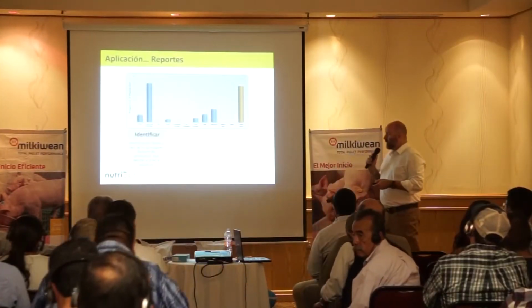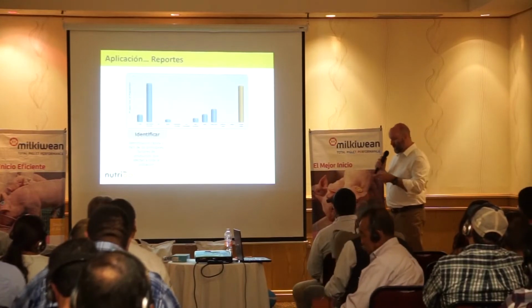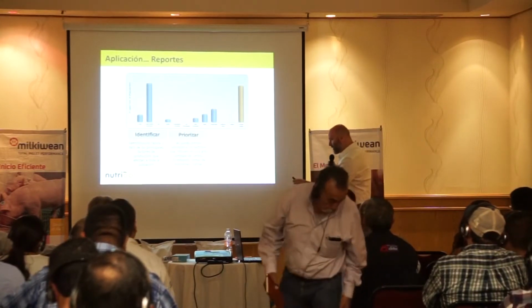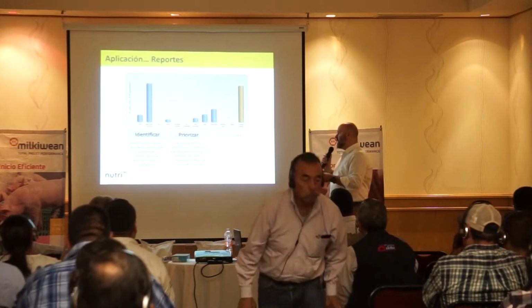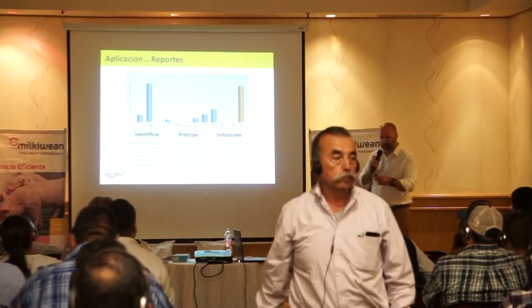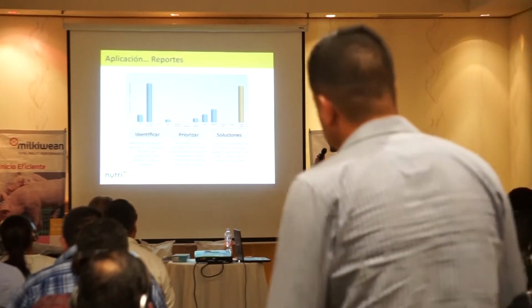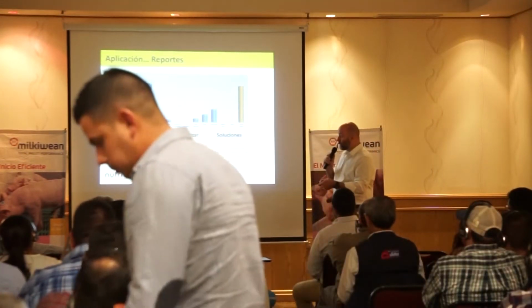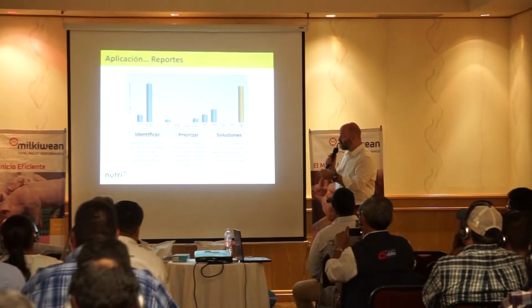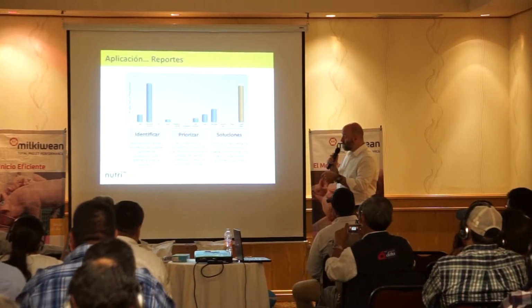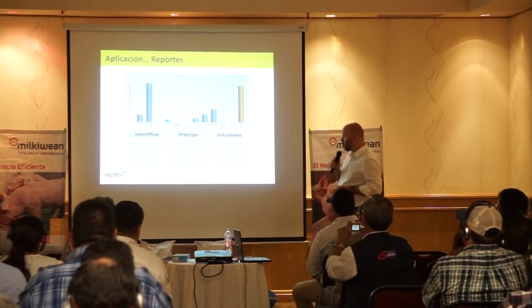When it comes to reports, they allow us to identify the problem, to prioritize a solution, and then to actually bring that solution to the producer. In this case, we can look and we can identify very quickly what the two major aspects are that are causing the problem. Protein quality, your amino acids, that is affecting a large proportion of the population. So is pig space.